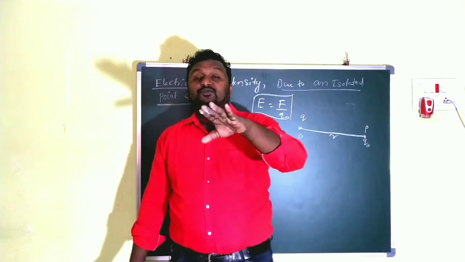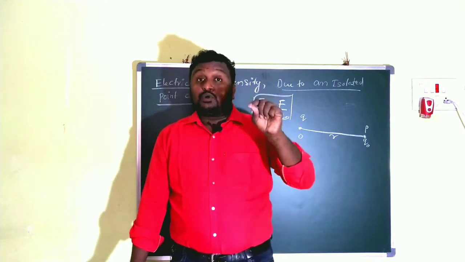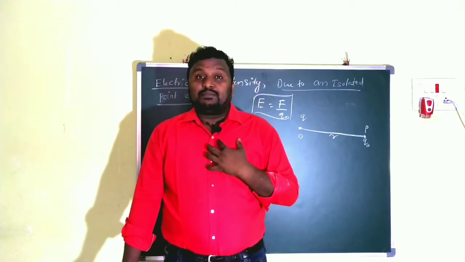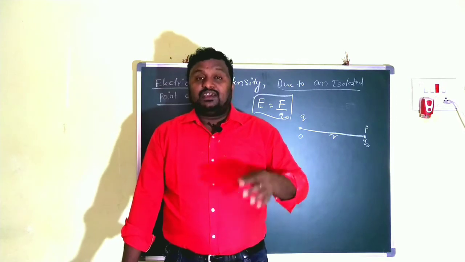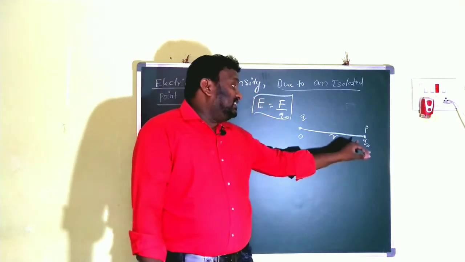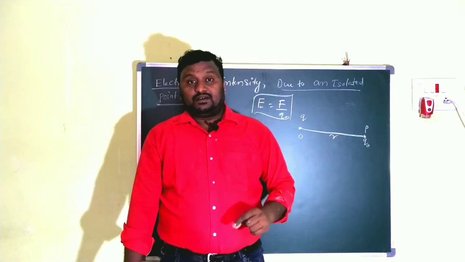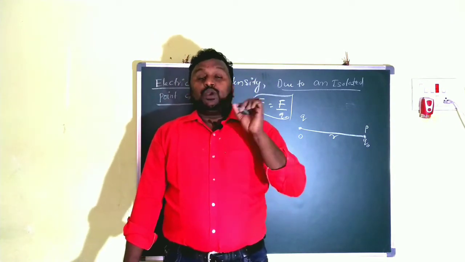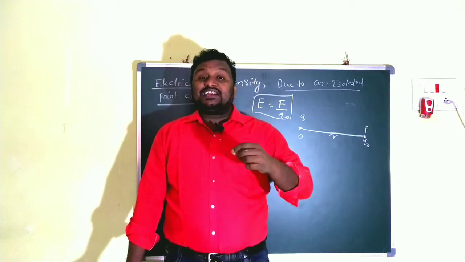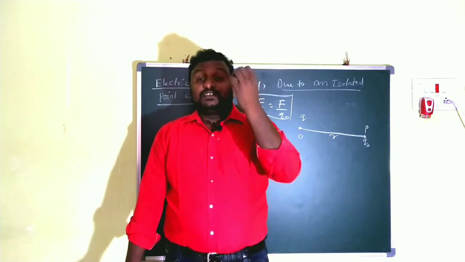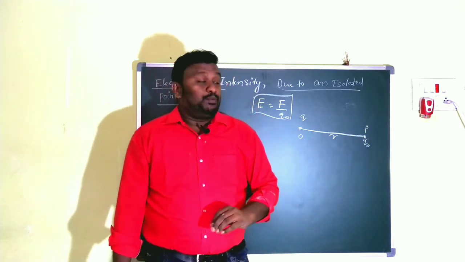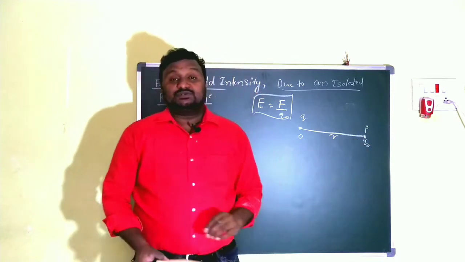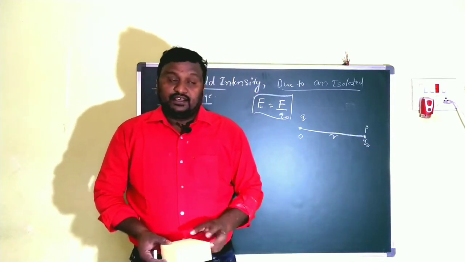We want to examine the electric field intensity at this point P. Clear? P is one point in the electric field. At that point we have to identify the electric field intensity. For that purpose we have to keep one charge Q0 at this point. Clear?